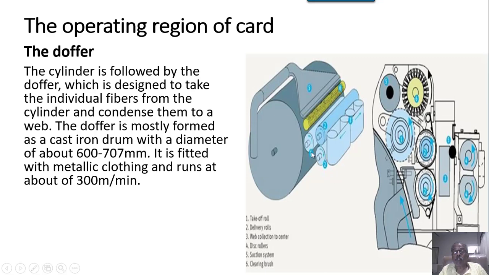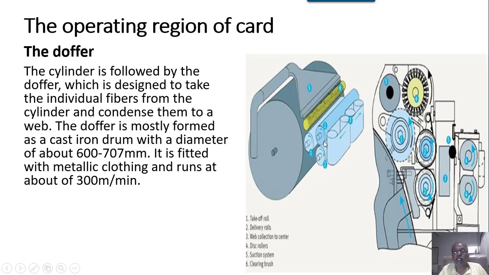So this is the doffing mechanism. Number 1 is the takeoff roller. Of course, this is the doffer. Number 2 is the delivery roller, and there are two delivery rollers here. We can see these two, up and down.